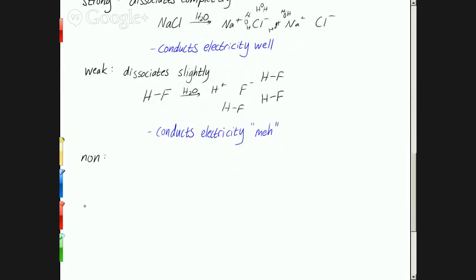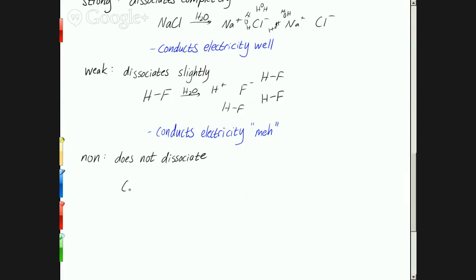And then we have a non-electrolyte, which does not dissociate. So this is a molecule that when you put in water, it dissolves like sugar.